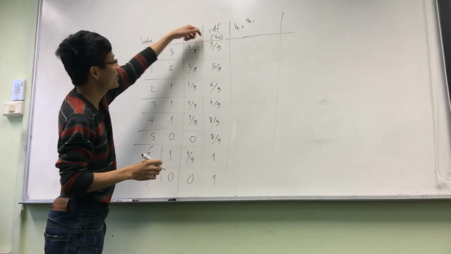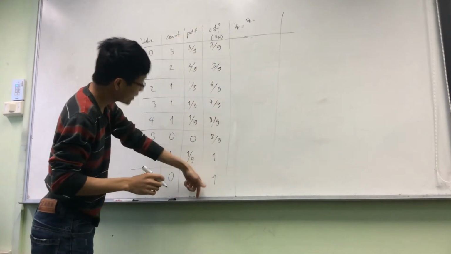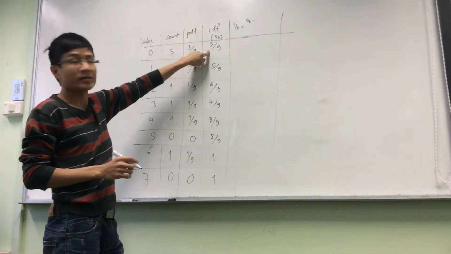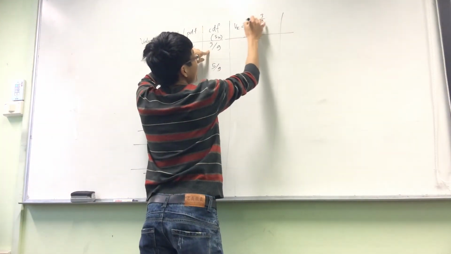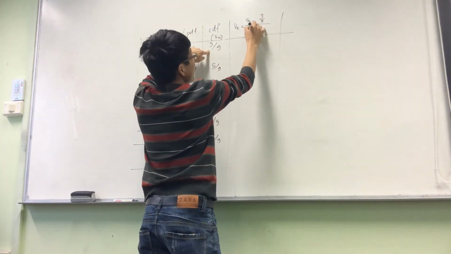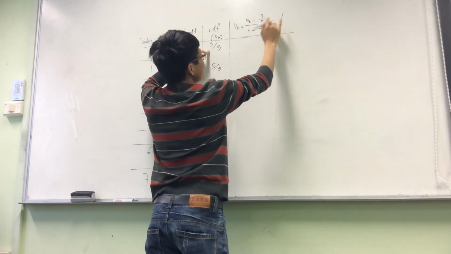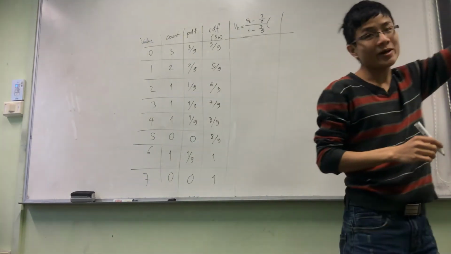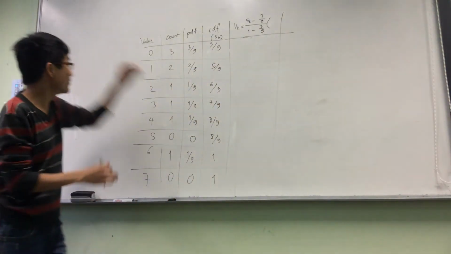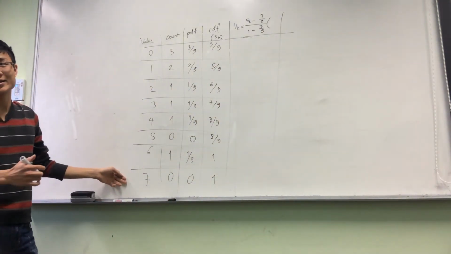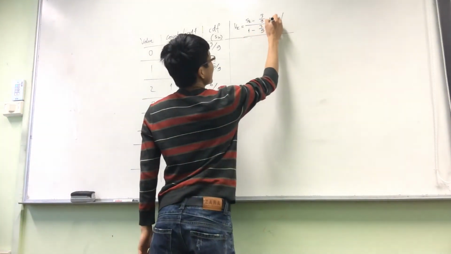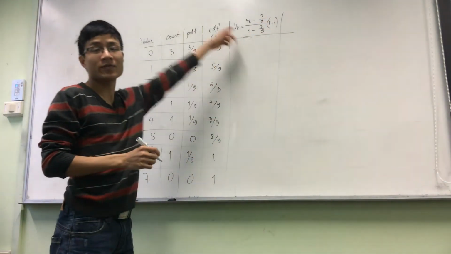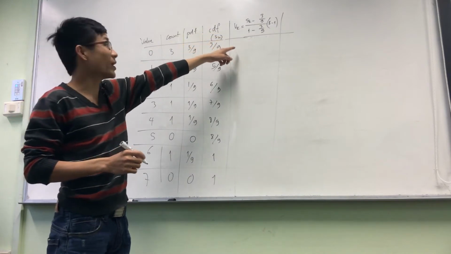So you look here, which one is the minimum? Obviously the first one. Always the first one is the minimum. So minus 3 over 9, over 1 minus 3 over 9, multiplied by L minus 1. L is the number of levels that we have. 8 levels, so L minus 1 is 7. So multiply by 7. This is the formula you need to use to equalize.